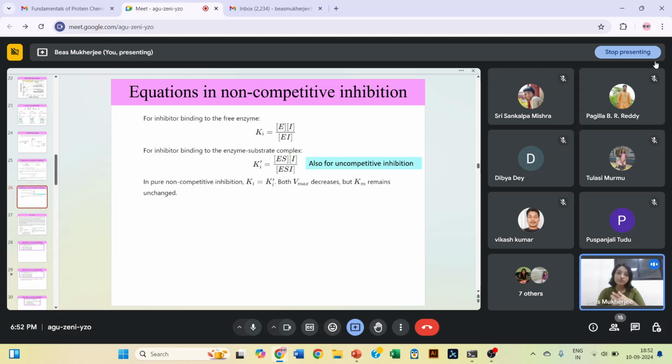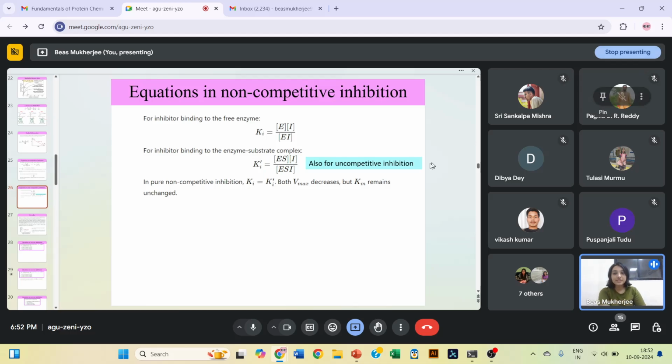This is also true for the uncompetitive inhibitor. Now in pure non-competitive inhibition, Ki is equal to Ki apparent. So Vmax decreases but Km remains unchanged.